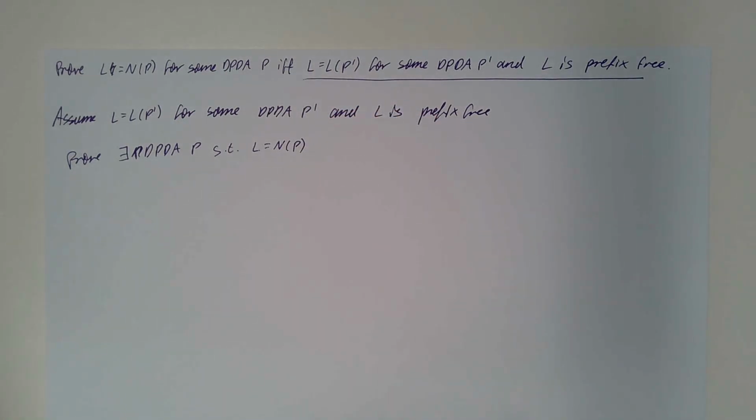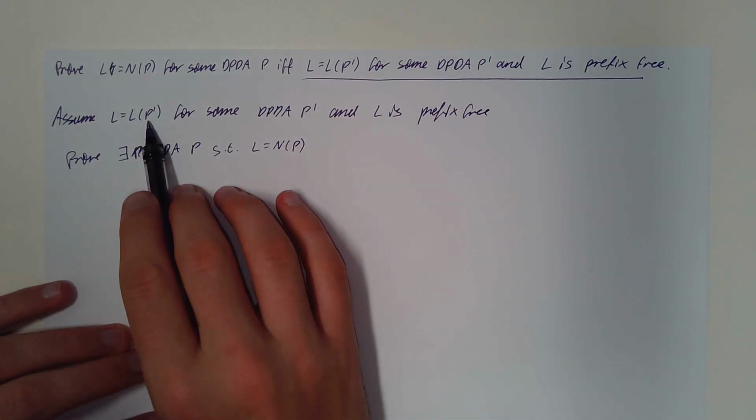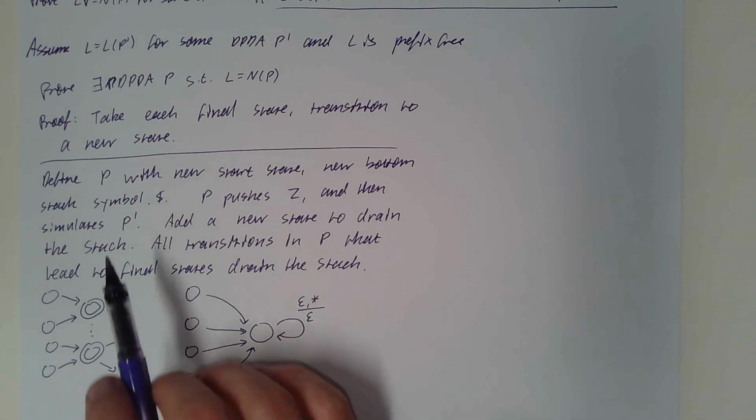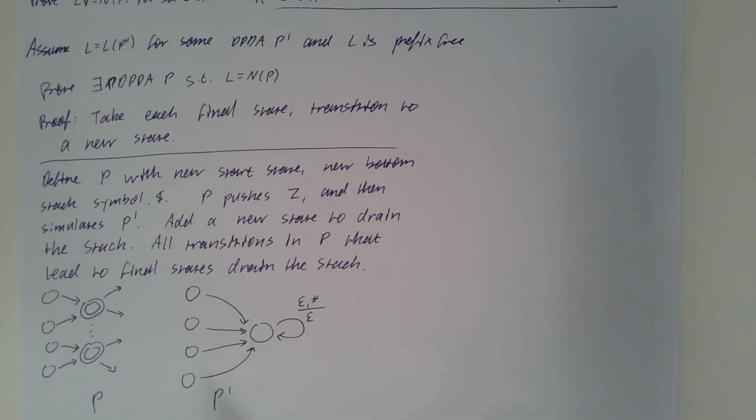And how we can achieve that is we can basically take this DPDA that we already have, which accepts by final state, and modify each final state to also empty the stack. So we're going to prove this by showing how we can construct the new DPDA P.